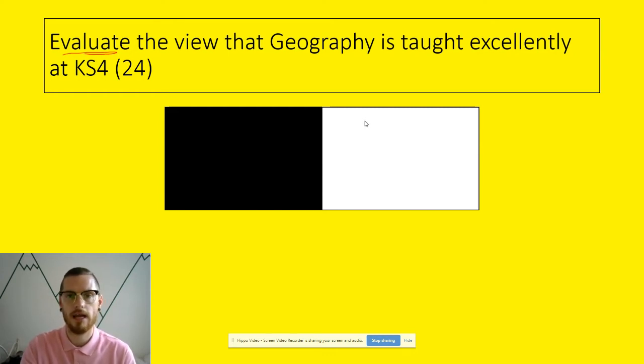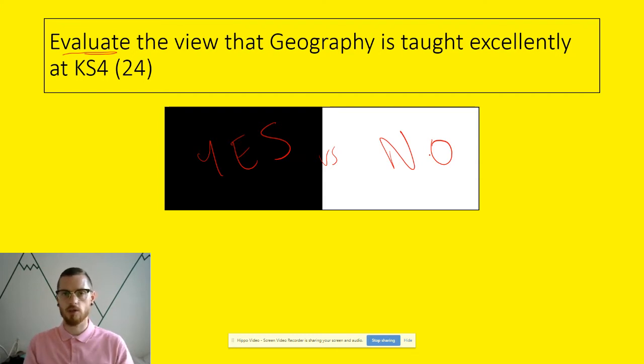And if we ask them that question, has geography been taught excellently, I don't think it would be black and white, yes versus no, okay? I don't think every student will go, yes, because he has 3 reasons, or no, he has 3 reasons, or yes, he has 4 developed reasons, or no, he has 4 developed reasons. I don't think it's as black and white, as clean cut as that.